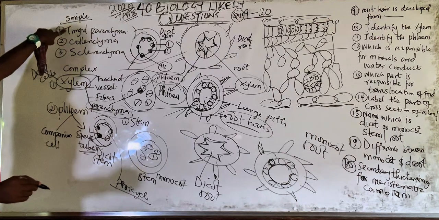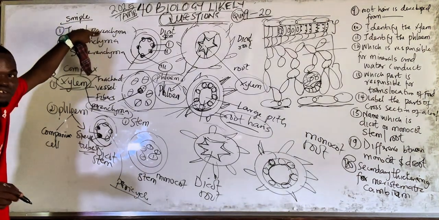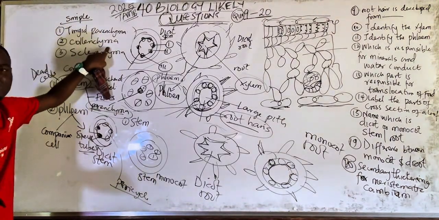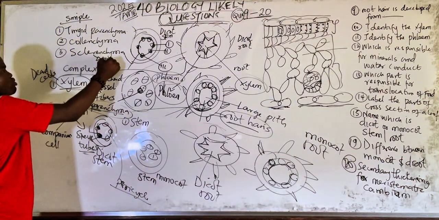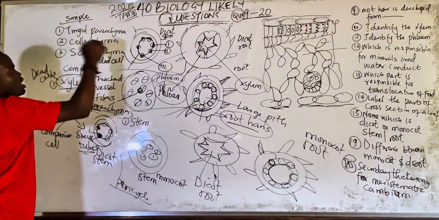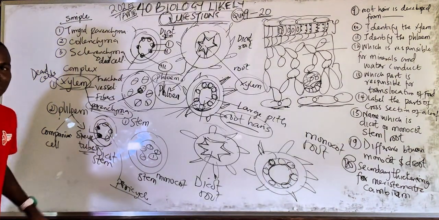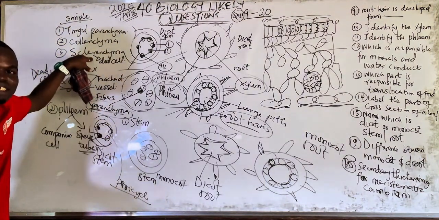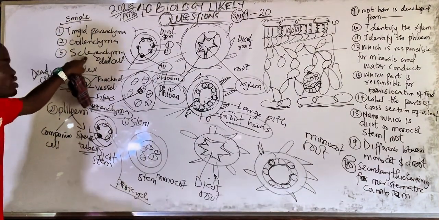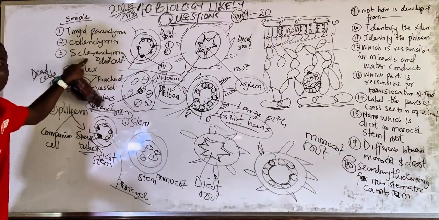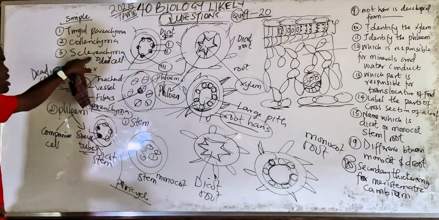So this turgid parenchyma is a living cell. Parenchyma is also a living cell, but sclerenchyma is a dead cell, because it contains the sclereids and the fibers. This contains 2 cells: the sclereid from sclerenchyma, and it also contains fibers, which are dead cells.